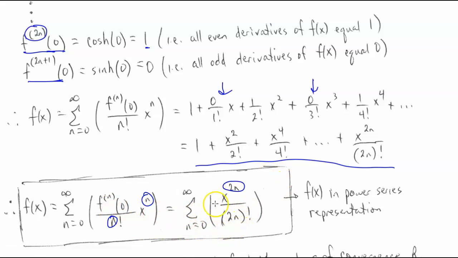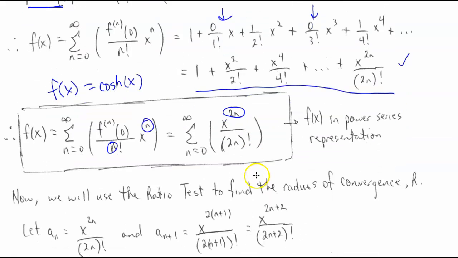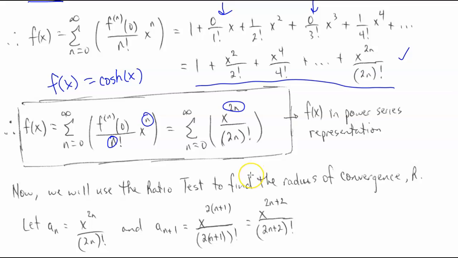By rewriting it that way, we have a good power series representation of the actual function cosine hyperbolic. Okay, and so now we have a power series representation for it.